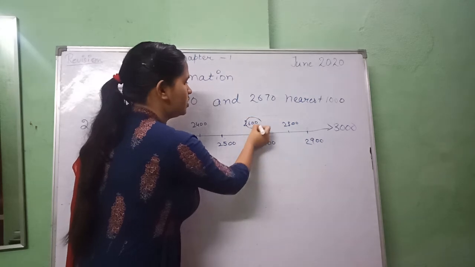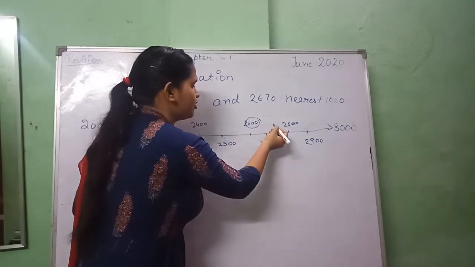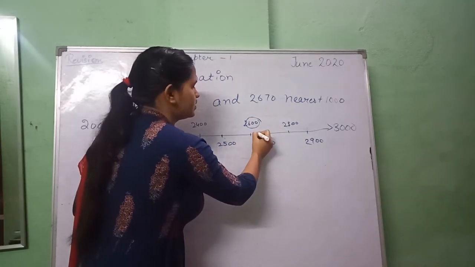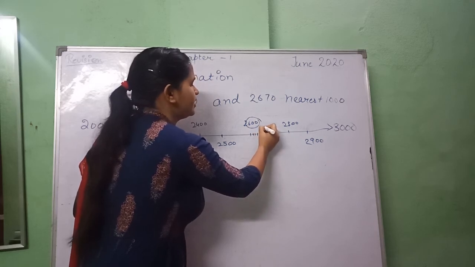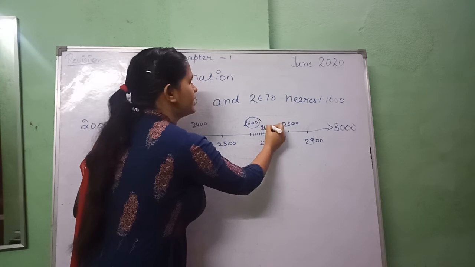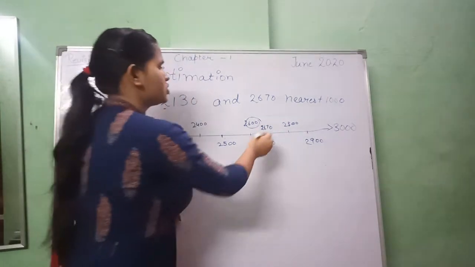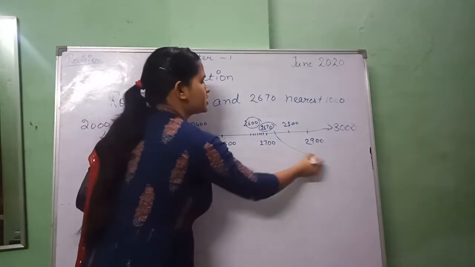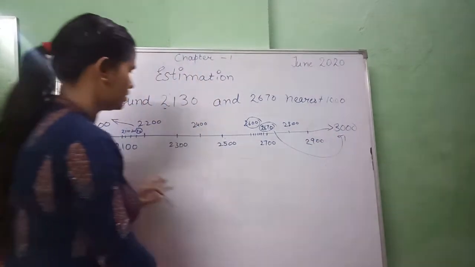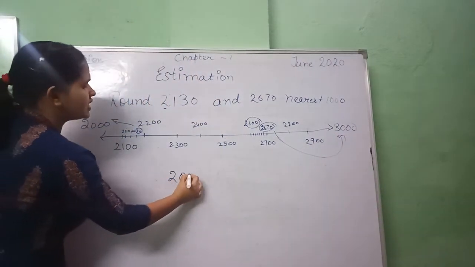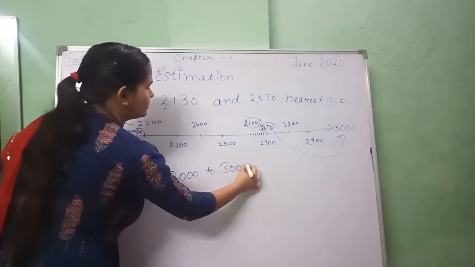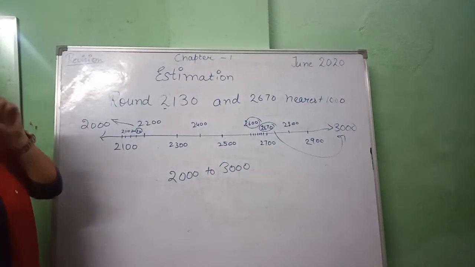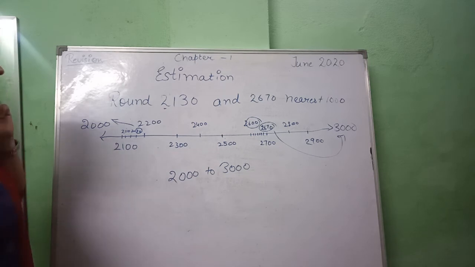There is 600, we have to plus it. 600, 20, 30, 40, 50, 60, 70. There will be 670. So this is nearest to which number? This is nearest to 3000. So the estimation numbers of these two are 2000 and 3000. This is your answer of estimating the sum.